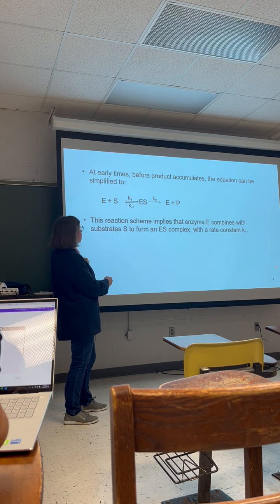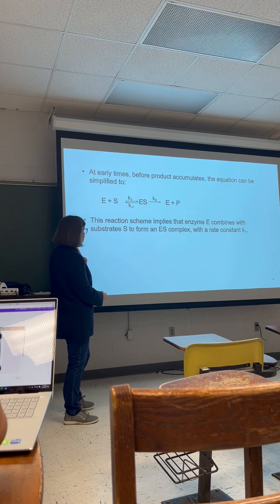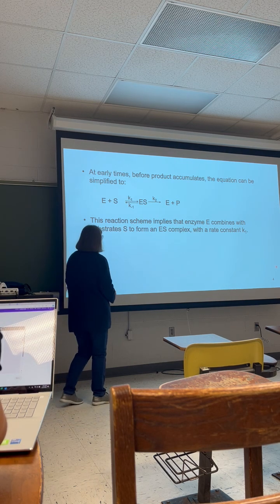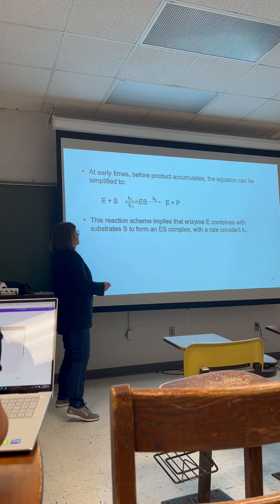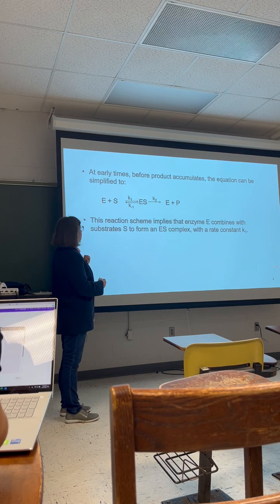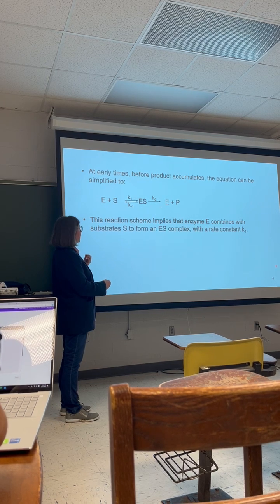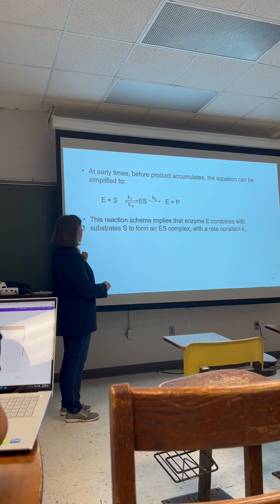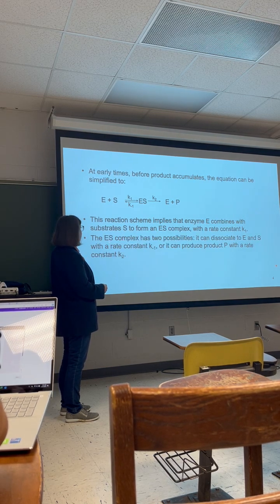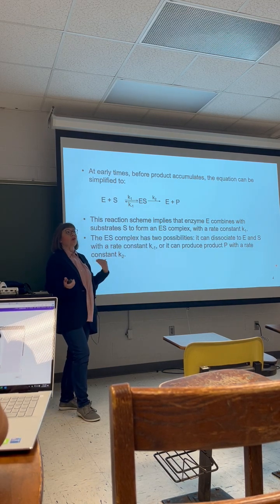So you are dealing with 3 rate constants, and this implies that enzyme combines with the substrate to form enzyme substrate, which is formed with constant K1, and enzyme substrate has 2 choices.